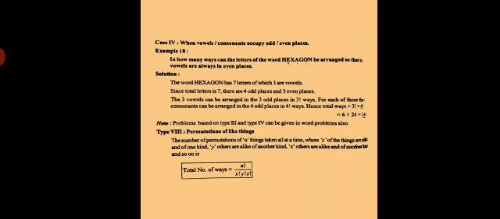That is equal to how much? 3 factorial is 6, into 4 factorial, which is 24. Multiply them. How much will you get? See, it is not printed in this slide properly. You do it on your own.